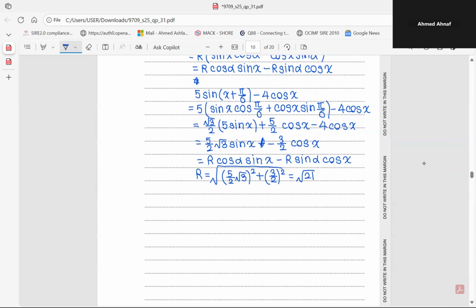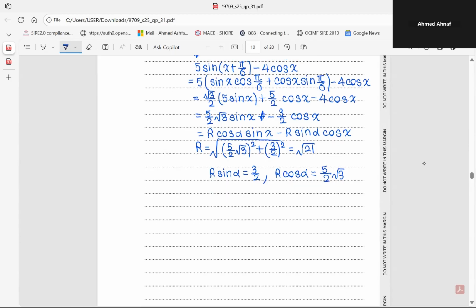Okay, now we have to find alpha, and in order to do that, we are going to have to equate the r's with the coefficients. So as we can see, r sine alpha is 3 over 2, and r cosine alpha is 5 over 2 times square root 3. So here we can just divide r sine alpha by r cosine alpha to give us tangent alpha.